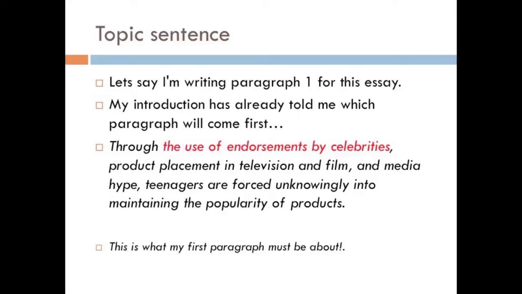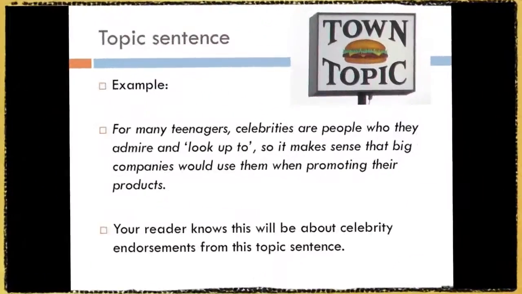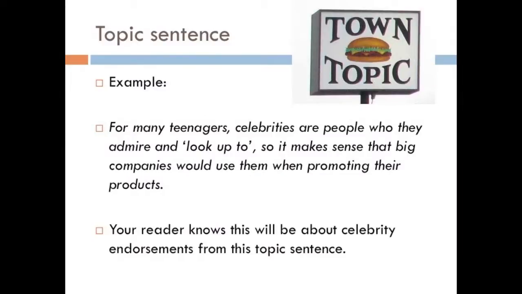That first example that I've used, the use of endorsements by celebrities, that's what my first paragraph is going to be about. So I know exactly what to write my topic sentence on. So for example, here's a topic sentence I could use for this essay: For many teenagers, celebrities are people who they admire and look up to, so it makes sense that big companies would use them when promoting their products.